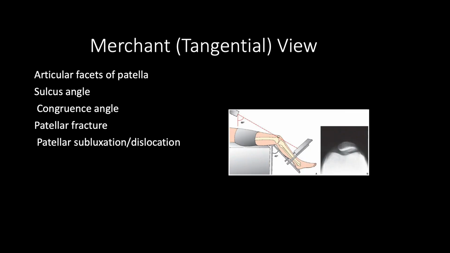And then we have a Merchant view, which is the tangential view. It allows you to see more of the articular facets and patellar fractures as well. So you can see how they do this. So the beam is centered right over, catching just the patella onto the film plate here, and the leg is supported here by the table, and so you kind of catch this condyle here.